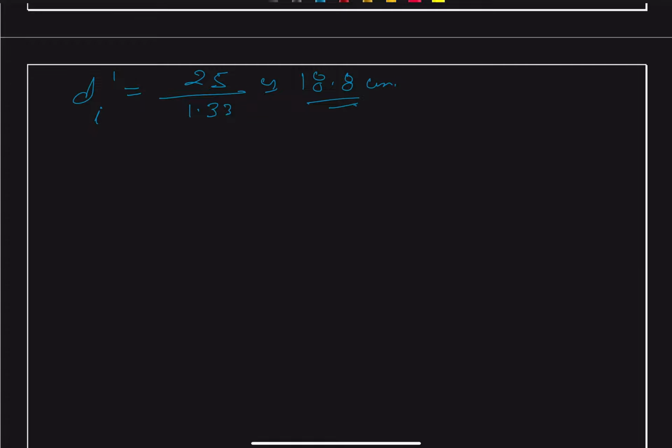Oh, sorry, we need to find out the focal length, my mistake. Okay. And we found out the apparent depth. Now this is going to help us to find out the distance of the image.